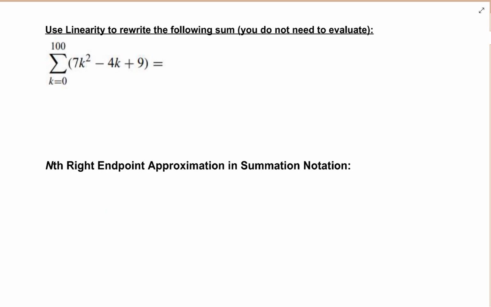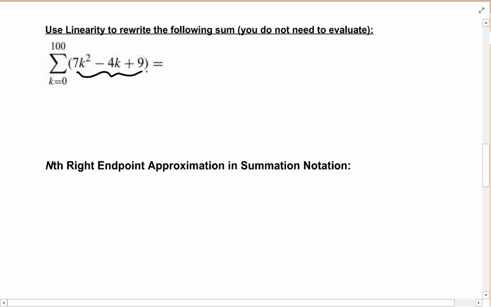Here we will use linearity to rewrite the following sum. You don't need to evaluate it. So we're taking the sum of this general term, and we can actually separate that to be the sum of the first term plus the sum of our second term.